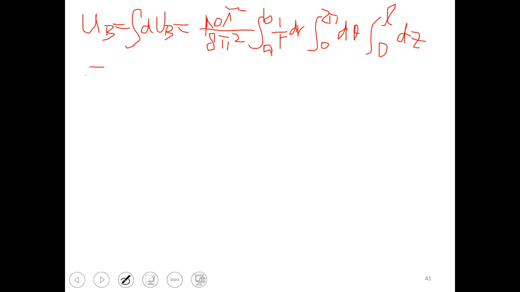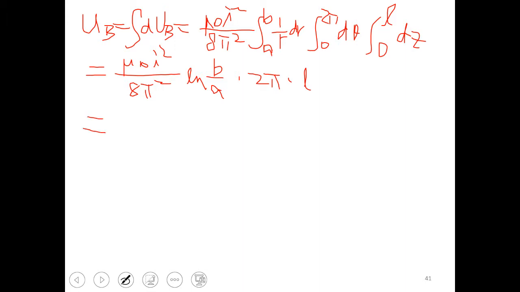So this integration is easy. Mu 0 I squared over 8 pi squared. This one is log b over a times 2 pi times l.